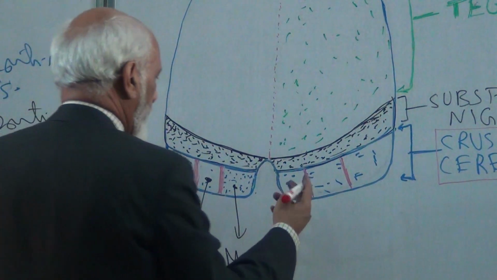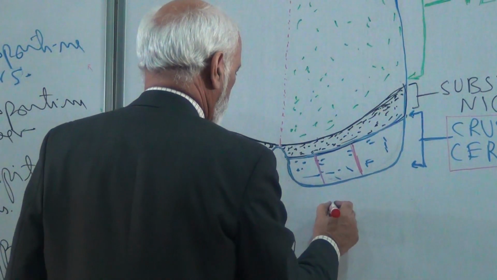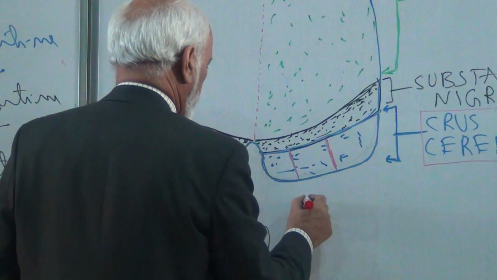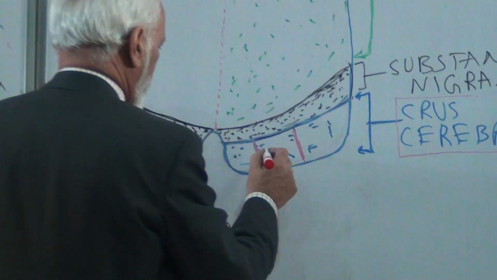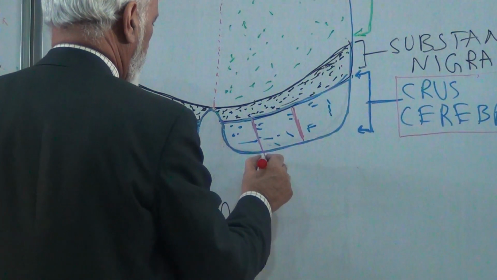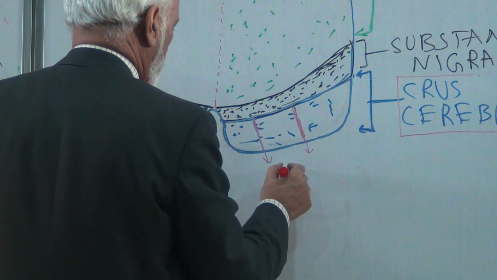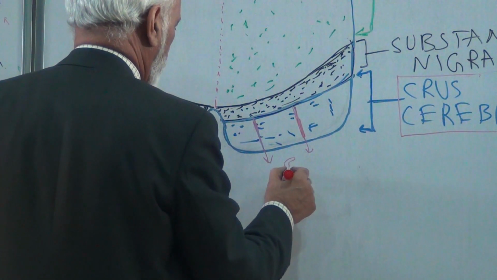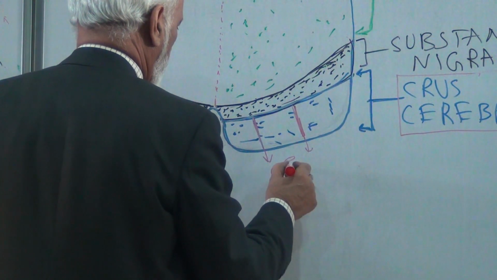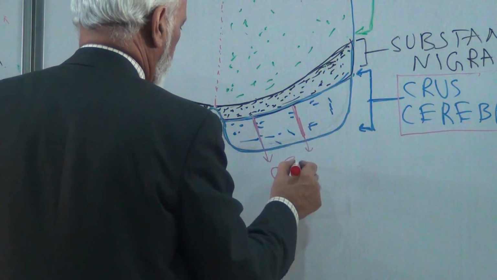Medially will be the fibers for the head. In the intermediate part, then will be the trunk and upper limb. And then will be the lower limb.